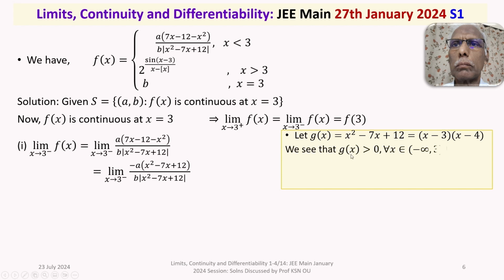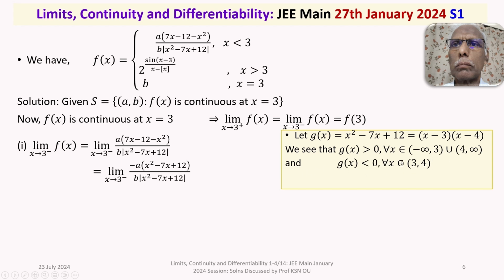We see that g of x is positive for all x belonging to the open interval minus infinity to 3 union 4 to infinity. This is a routine discussion. And g of x is negative for all x belonging to the open interval 3 to 4.